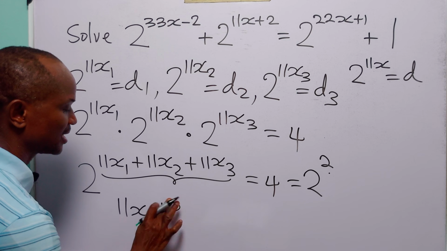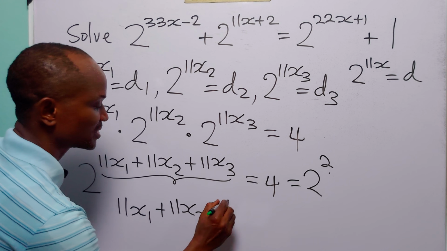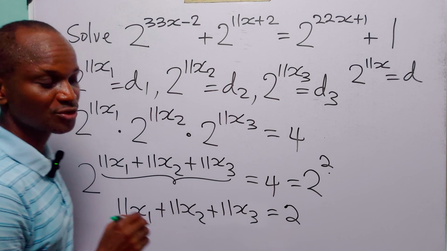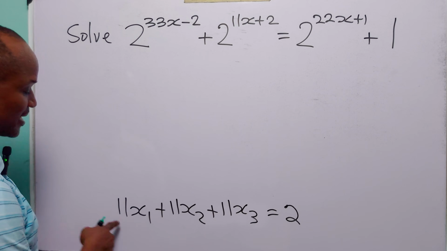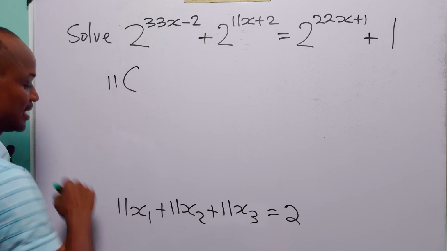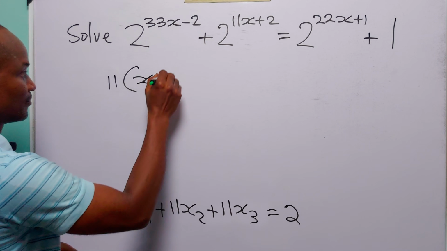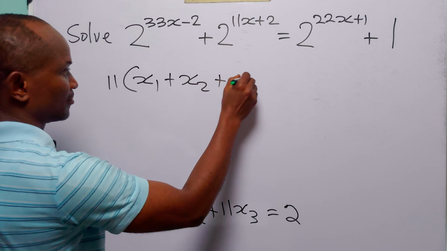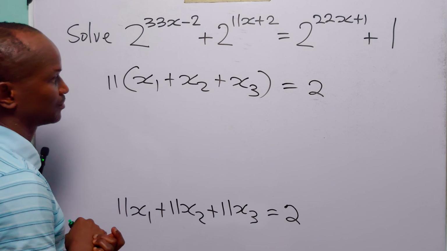From here, we have that 11x1 plus 11x2 plus 11x3 is equal to 2. And of course, we can factorize this left-hand side. We have 11 into x1 plus x2 plus x3 is equal to 2.